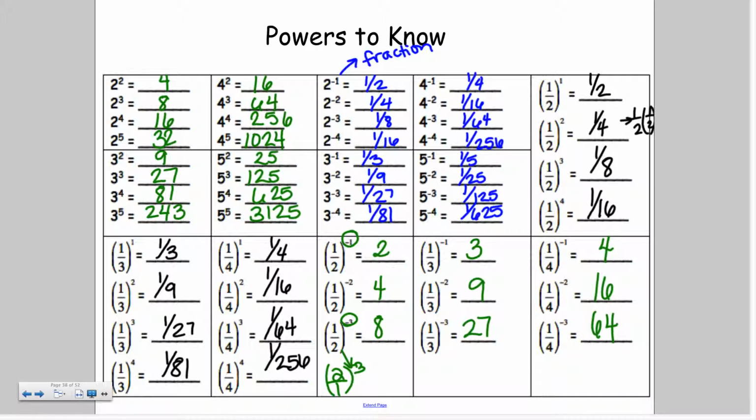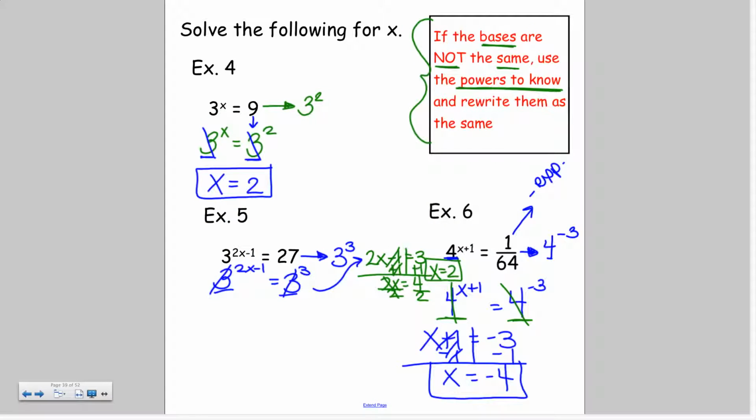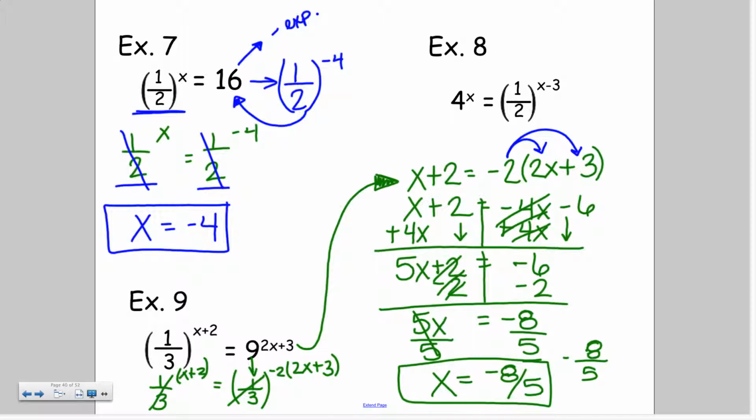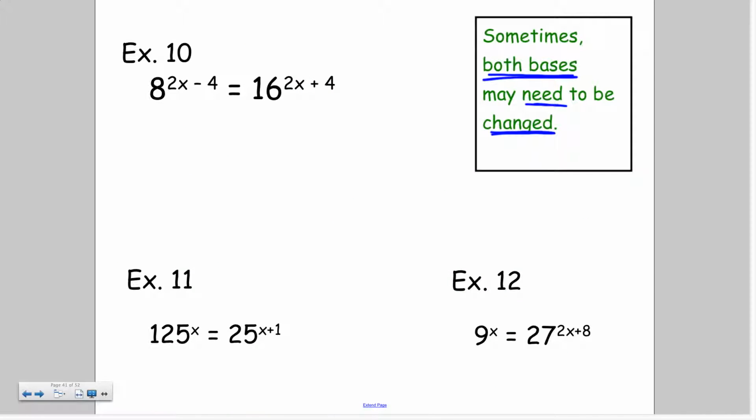Well, I see an 8 here and I see a 16 here. So I'm going to use the base of 2 for both of those. So for the 8, it's going to be a base of 2 raised to the third. And then for 16, base of 2 raised to the fourth.